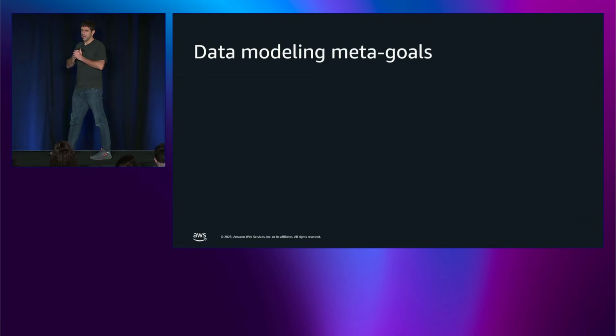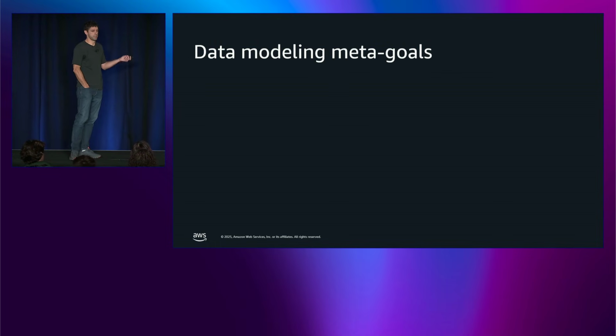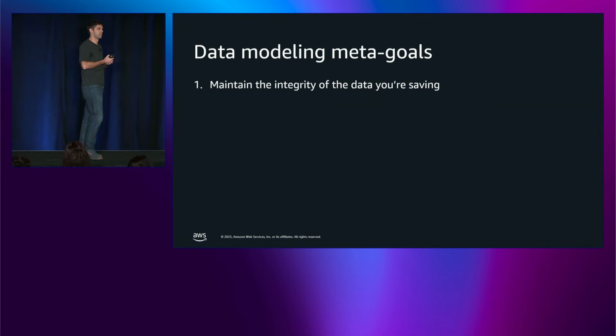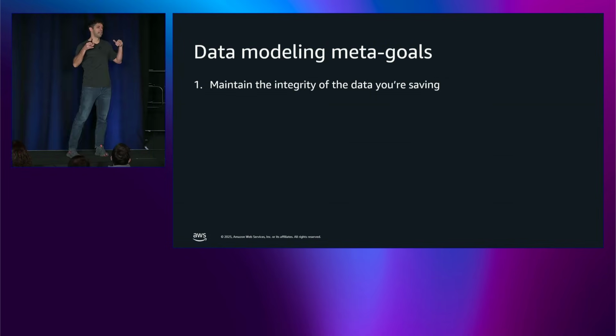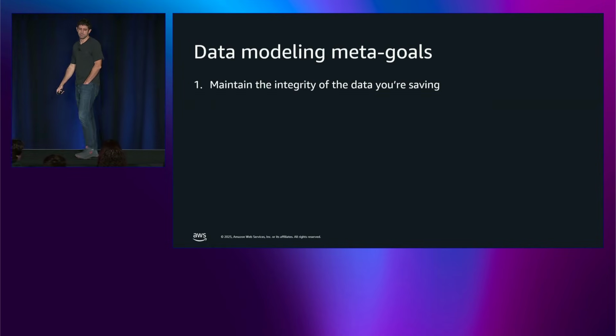I like to think about, regardless of what database you're using, what are your modeling meta goals that you need to keep in mind? What are we doing when we're doing data modeling? Number one, you have to think, how do I maintain the integrity of the data that I'm saving? Because ultimately a database is serializing and storing some state of the world, whether that's representing physical objects like inventory, offices, people, or digital stuff like social media likes and comments.